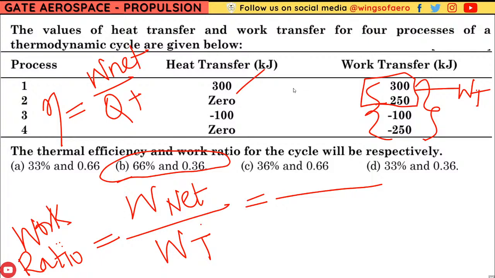Can you tell it again, please? WT means how much work is done by the system. Work done by the system. The positive value. Yes, positive values. Or you can symbolize like that, work done by the system.